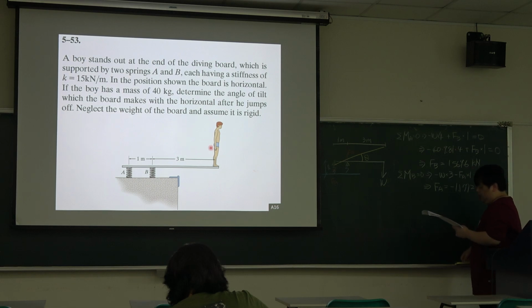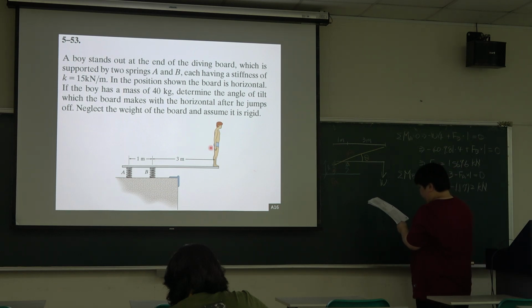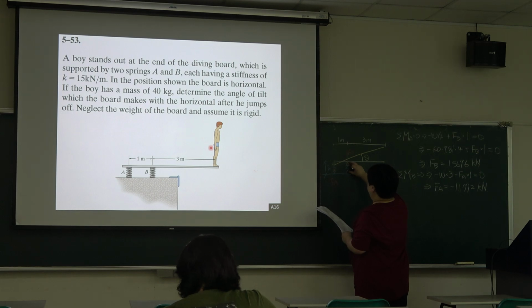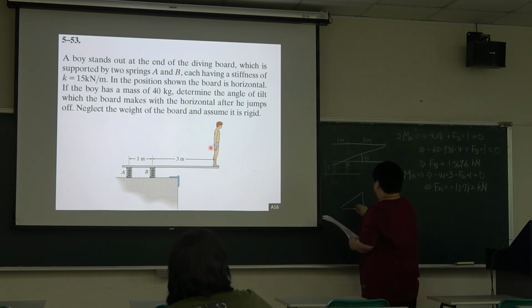Then we can use these two forces and the stiffness to calculate the original length of the A spring and the B spring, and then we know this part and this part, and we can calculate the triangle.